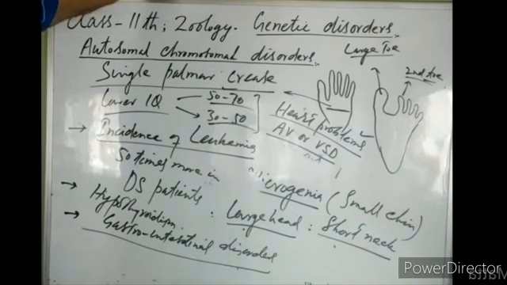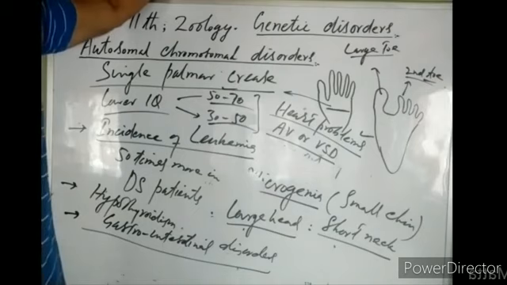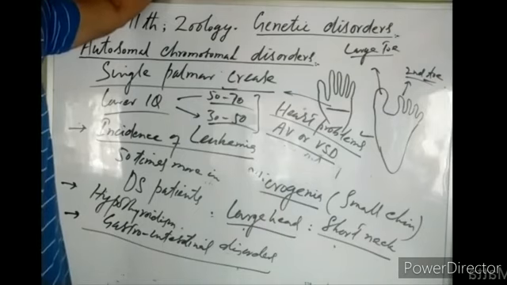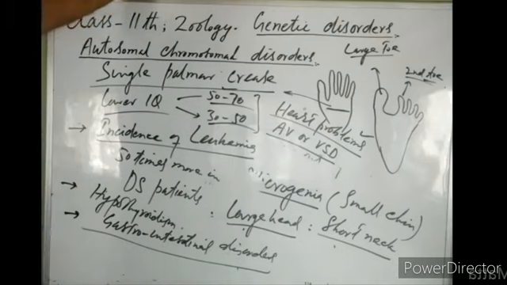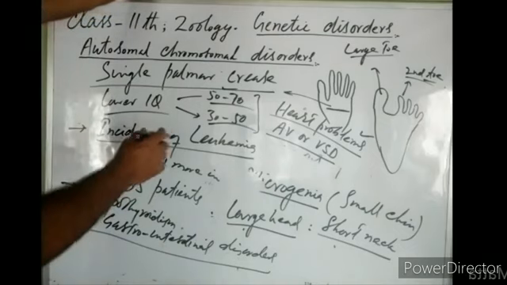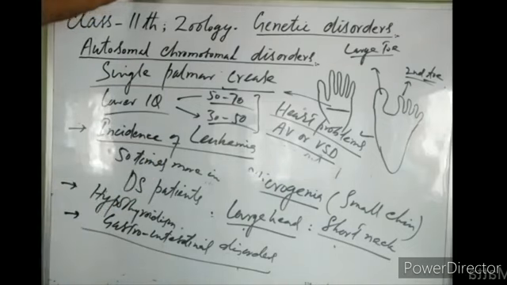They need some support. Then they have got heart problems. They mostly suffer from atrioventricular septal defects or ventricular septal defects. They have more chances of having blood cancer. The incidence of blood cancer is 50 times higher in Down syndrome patients.